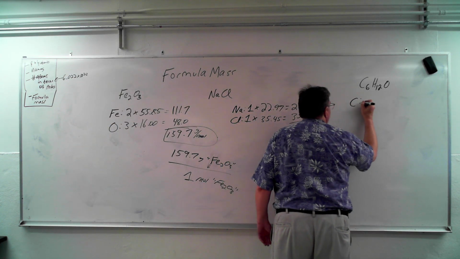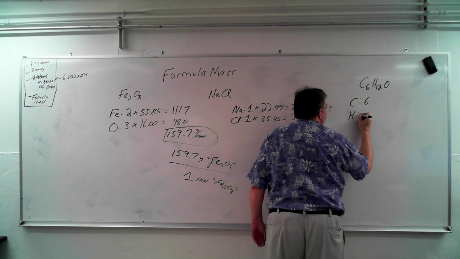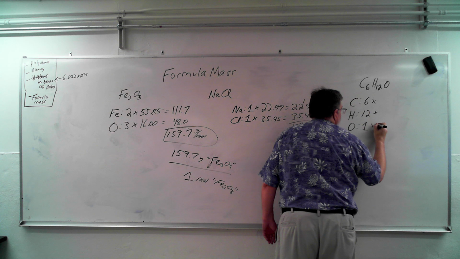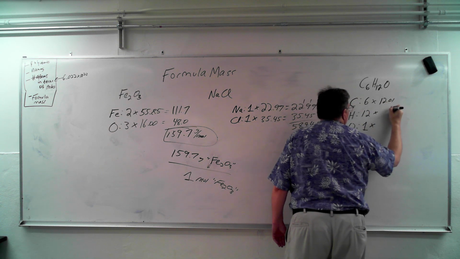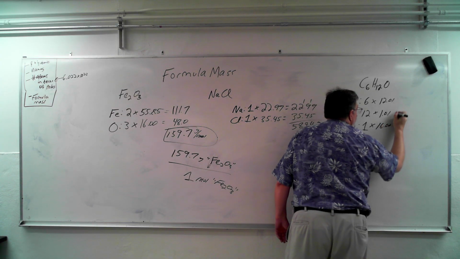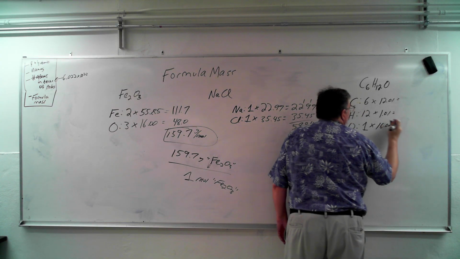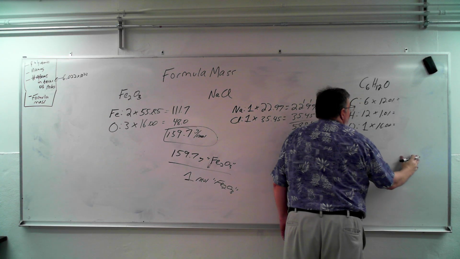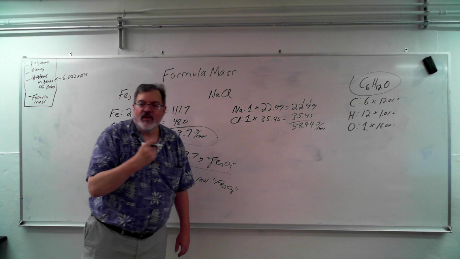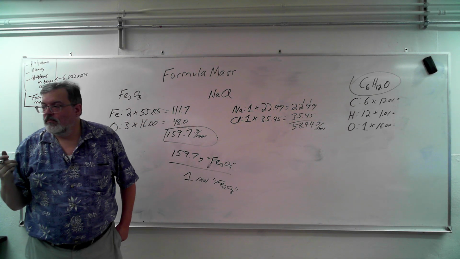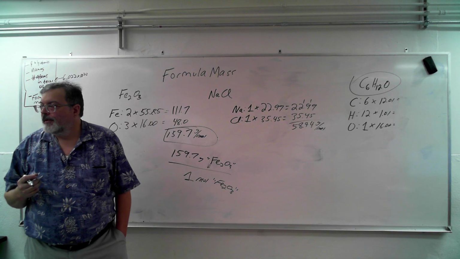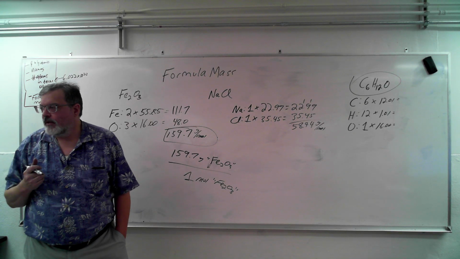Carbon, there's 6 of them. Hydrogen, there's 12 of them. Oxygen, there's 1 of them. Then you look on the periodic table. These I know: carbon 12.01, hydrogen 1.01, oxygen 16. Calculate them across, add them up. That's how many grams per mole that weighs. So it works exactly the same for molecular compounds, which we'll study a little further out. You guys okay with that?